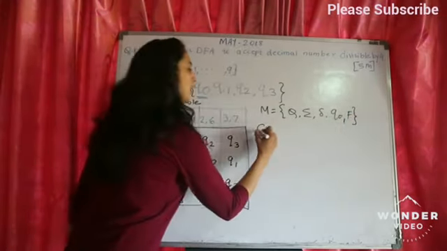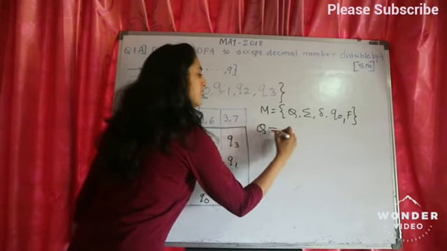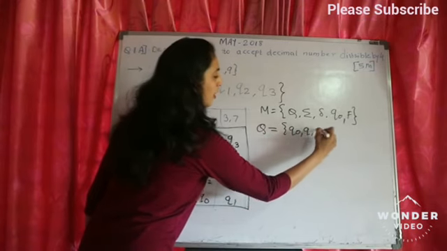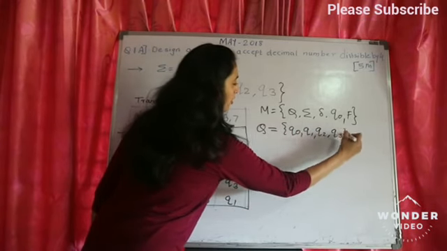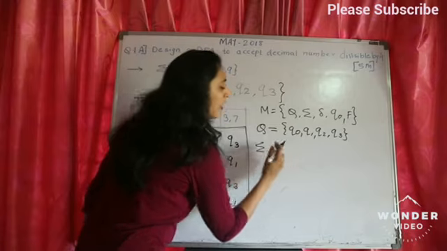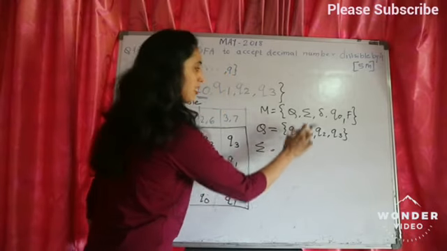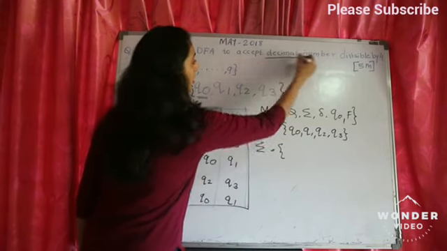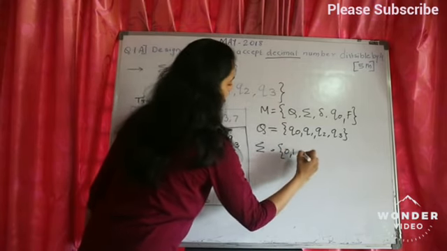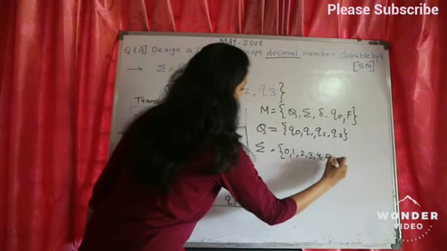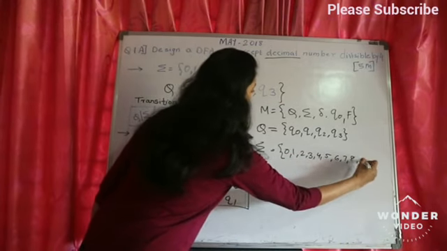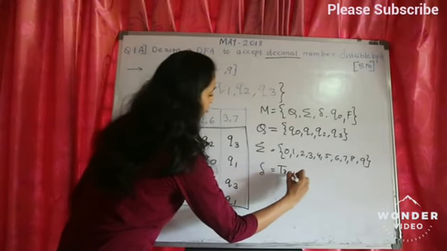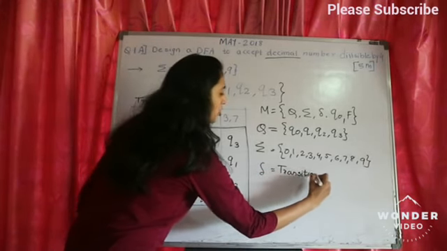Here Q indicates a finite set of states. So we have the different states Q0, Q1, Q2 and Q3. Sigma indicates a finite set of input symbols. What are the input symbols? 0 to 9, which are given in the question, that is decimal numbers. So we will write all the decimal digits as input symbols. Delta is nothing but the transition function, so it is fixed for each machine.